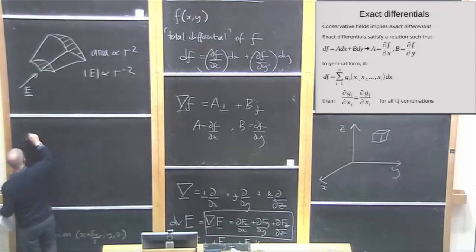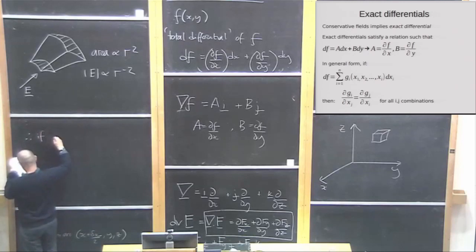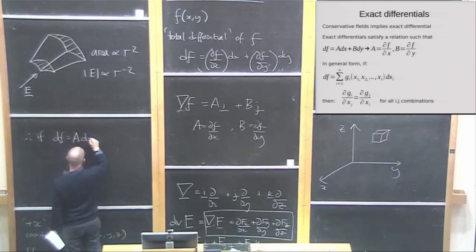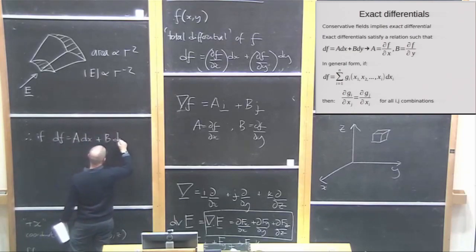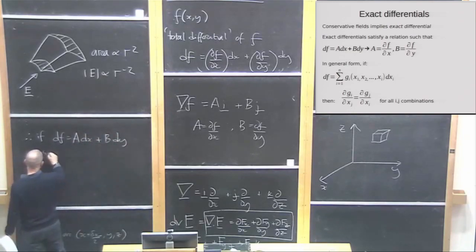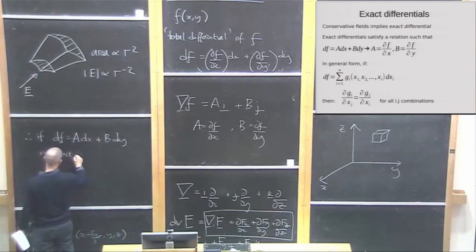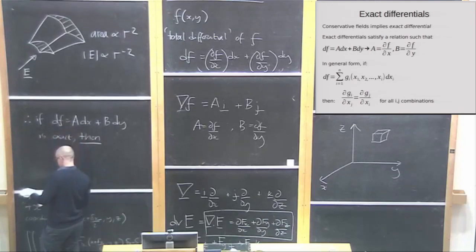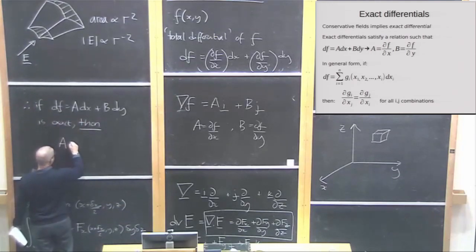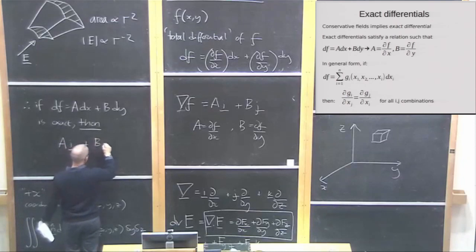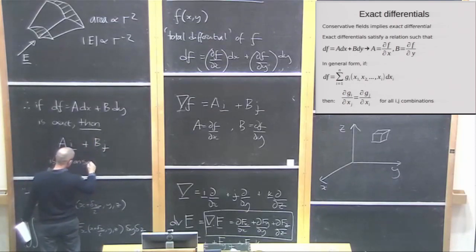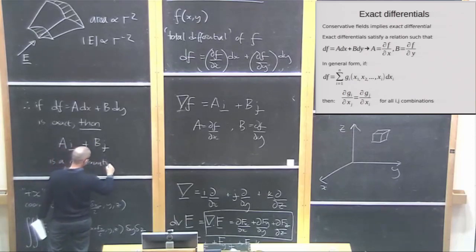So therefore, if df equals a dx plus b dy is exact, then a i plus b j is a conservative field.